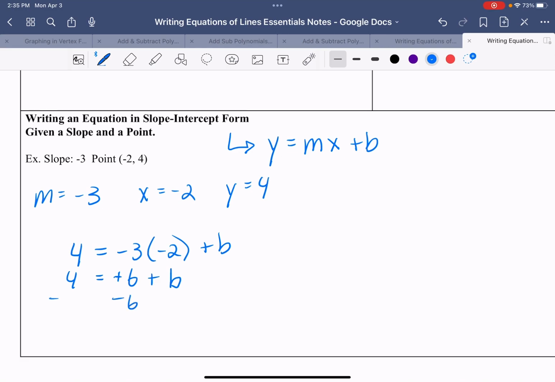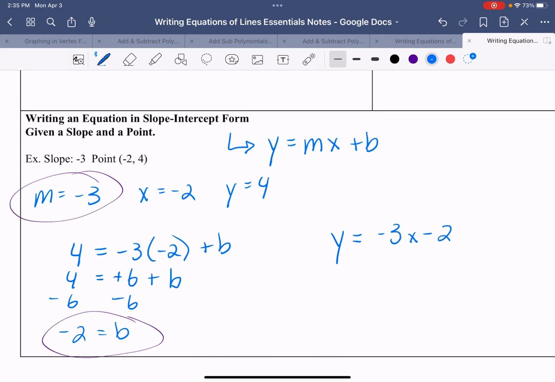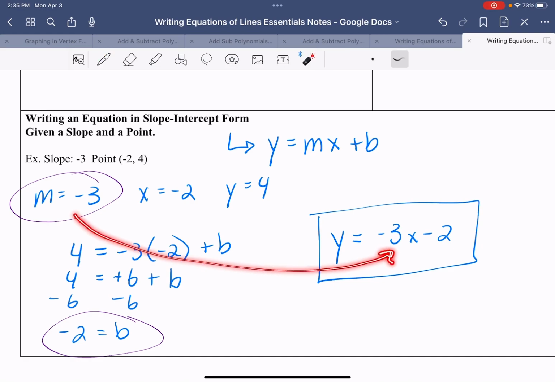Then we're going to subtract 6 from this side to get b by itself. So -2 is b. Let me circle this. I have my slope, I have my b, and now I'm just going to plug it into my equation. So my new equation is y equals -3x minus 2. I plugged in my -3 for my slope, and I plugged in my -2 for my b.